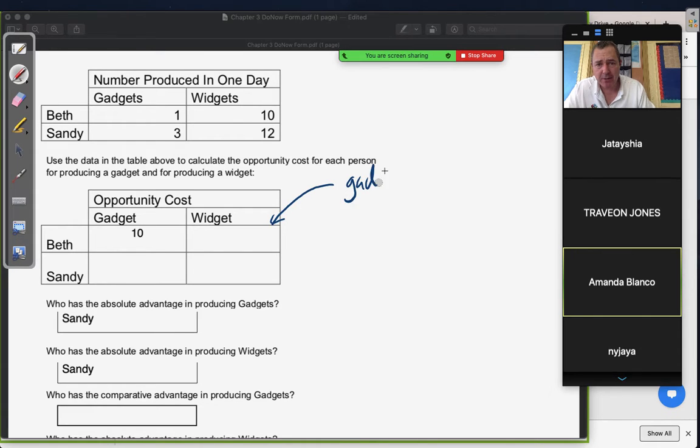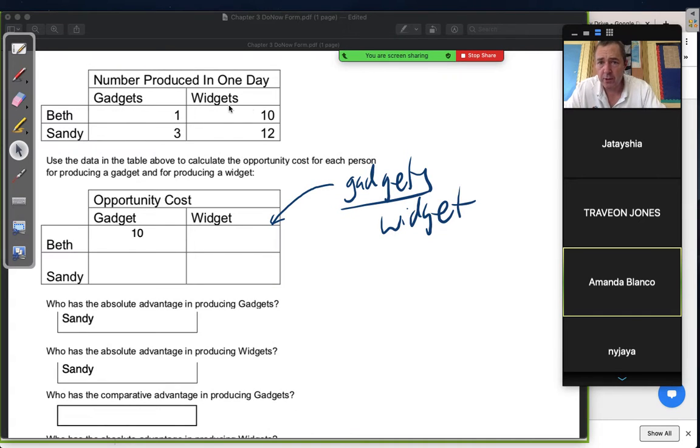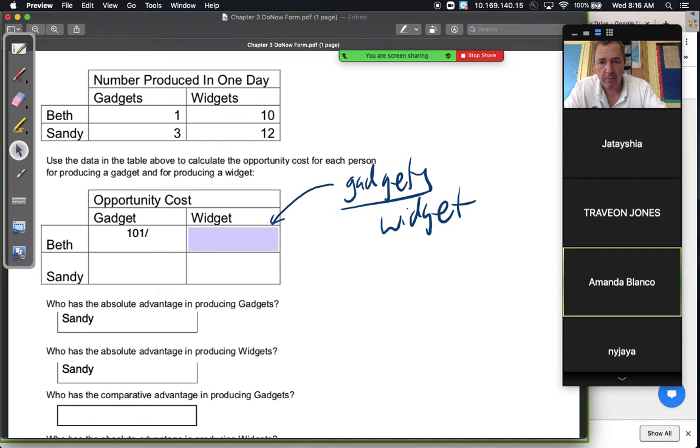How many gadgets per widget? So I want gadgets on top. So I want the 1 on top and the 10 on the bottom. So the opportunity cost is 1 per 10, or 0.1 if you like decimals better.